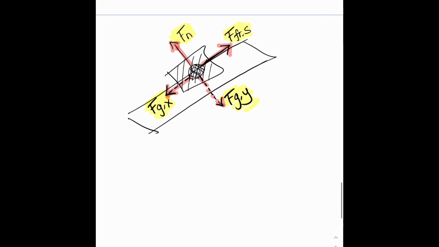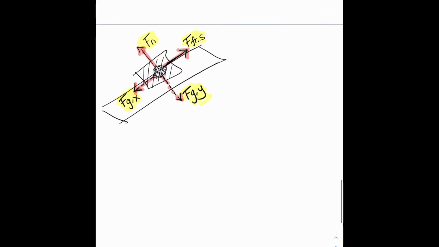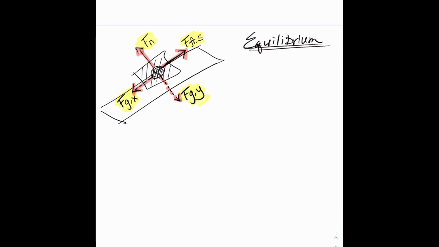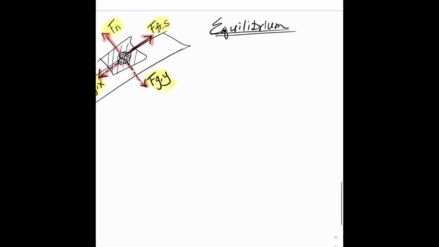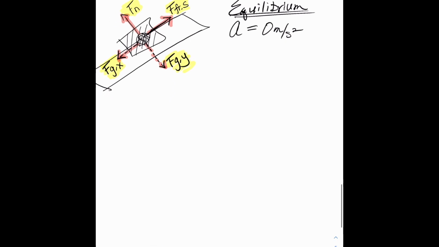So we know if it's just sitting there, we call this situation equilibrium. There are 3 instances in this class of equilibrium. In equilibrium, we know the acceleration is equal to 0. And so we like to look for equilibrium situations.